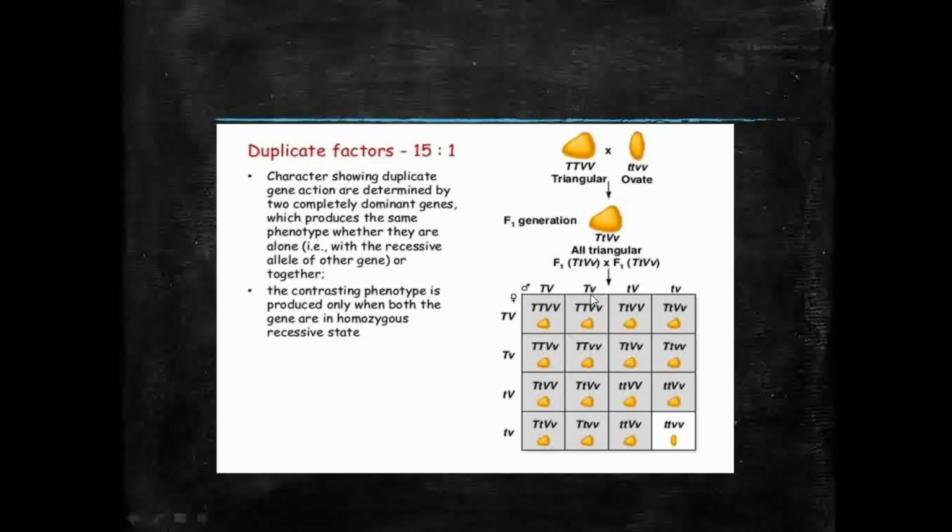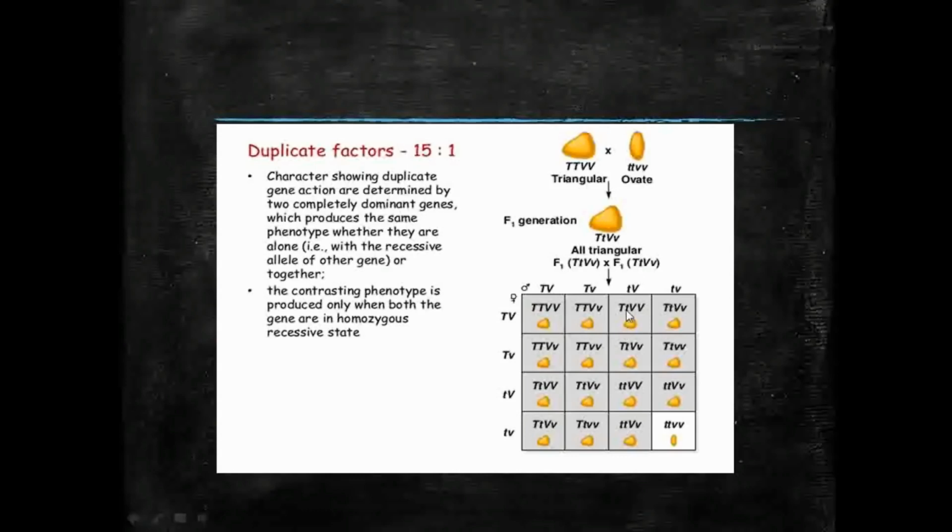Again in this case also capital T, capital V and small v. So here also, as there is presence of both the dominant genes, definitely it is going to produce the triangular shaped fruit.